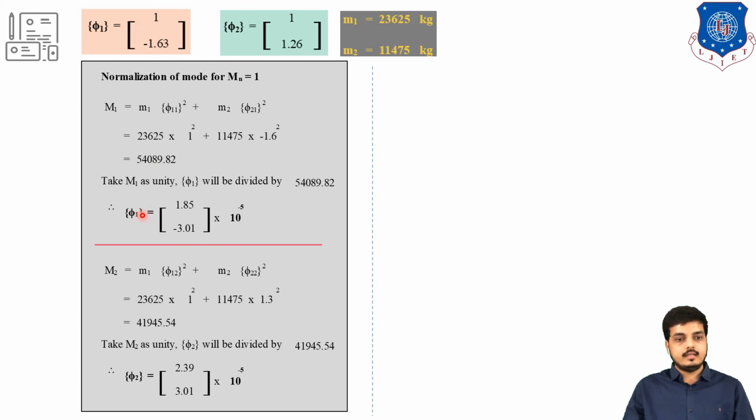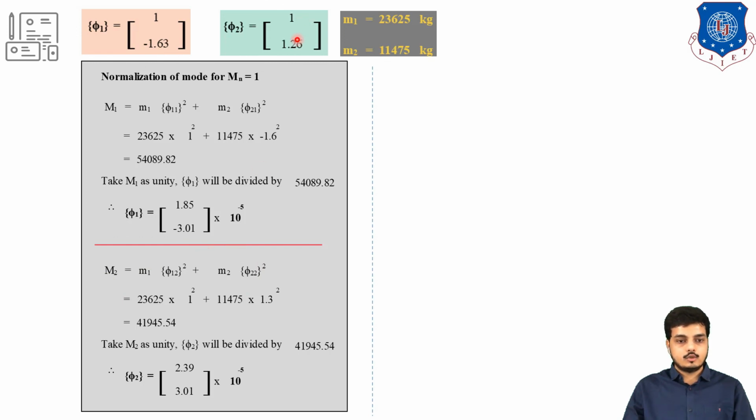So phi 1 equals 1.85 and minus 3.01 into 10 raised to minus 5, which I have taken out as common. How did this value come? Look, 1 divided by this, I get 1.85 into 10 raised to minus 5, and minus 1.63 divided by this, I get minus 3.01 into 10 raised to minus 5. Similarly, the same process we will do for M2, but the equation will change.